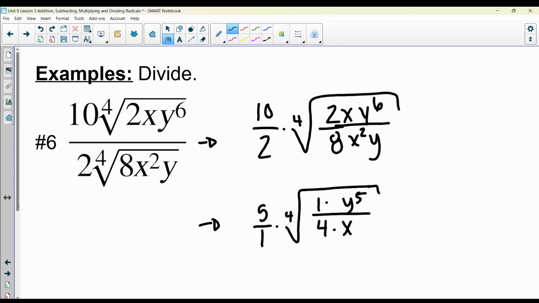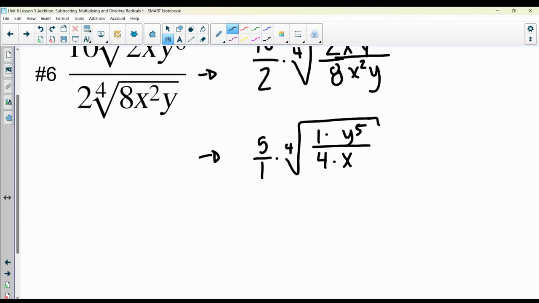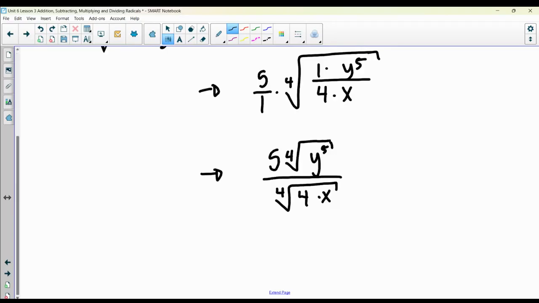So now we want to rewrite these as 2 separate radicals again. So we do have a radical in the bottom. We need to fix that. Keep in mind, 4 can be written as 2 squared. So we do want to consider how we are going to rationalize this.